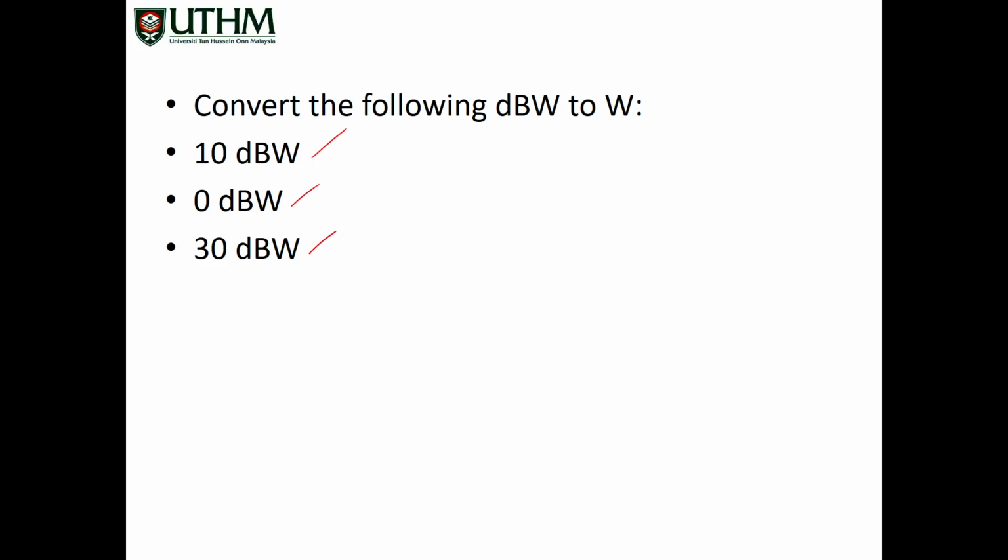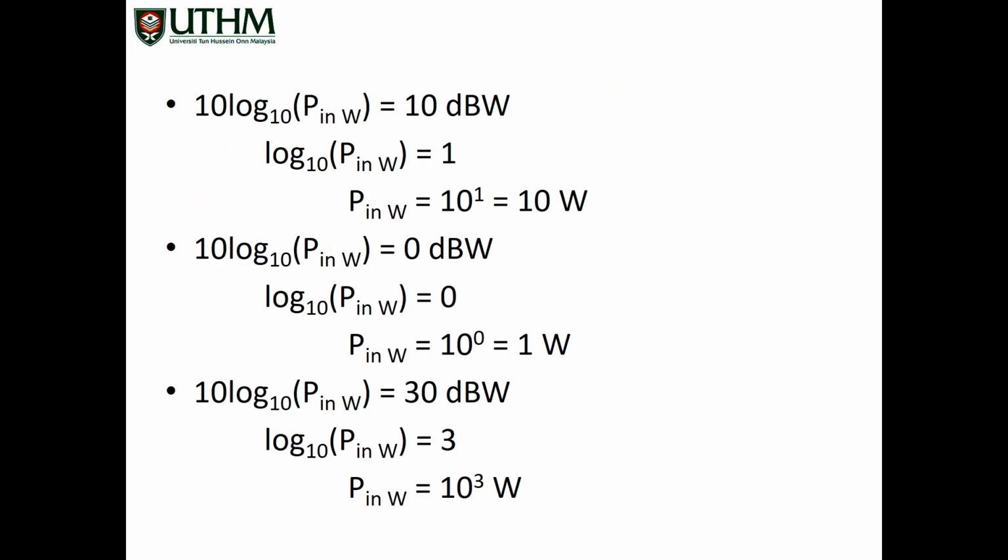The anti-log of dBW gives the value in terms of watt. So 10 log P in bracket here, we get 10 dBW. The power in the bracket must be in terms of watt.